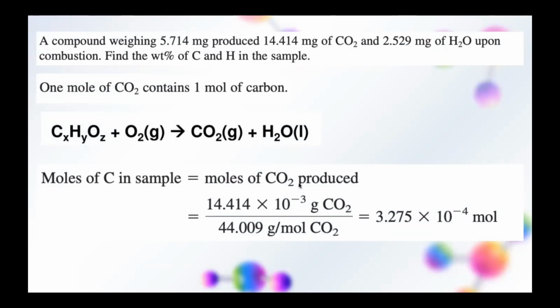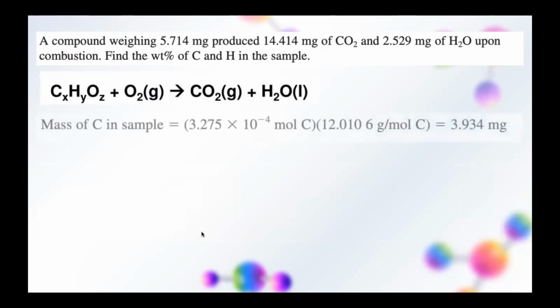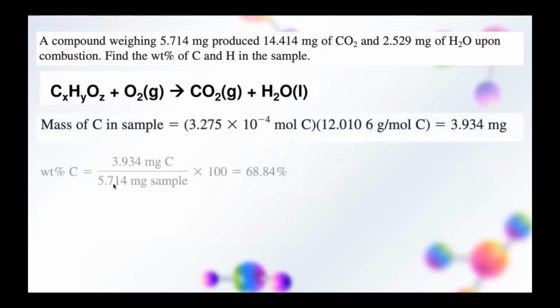Whatever amount of moles you get for carbon dioxide, you have the same for the moles of carbon. Then you multiply it by the mass of carbon to get your mass in milligrams.